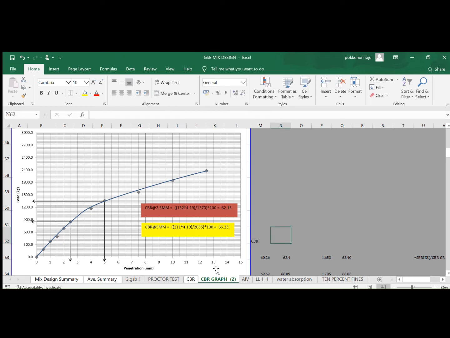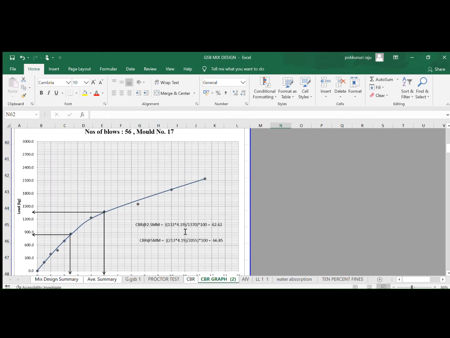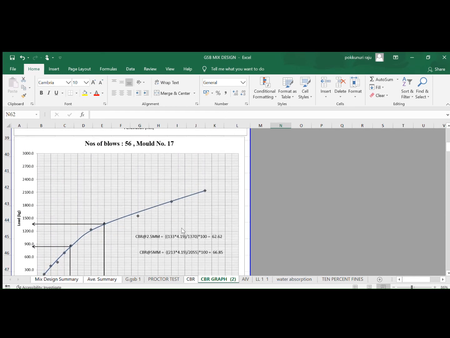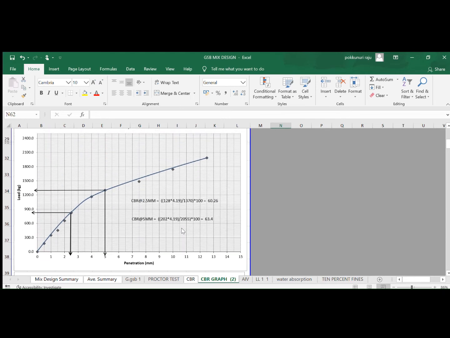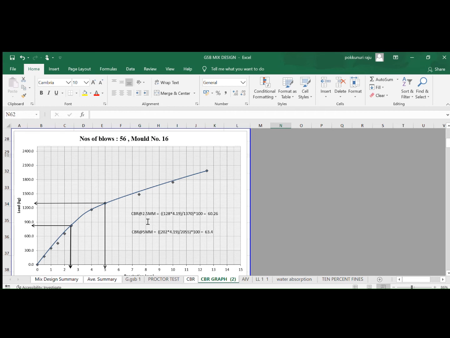Similarly, this is calculated for mold number 18, and the graphs are drawn for the other molds, mold number 17 and mold number 16. For each mold, the CBR values are also determined from the graph and put into the chart.